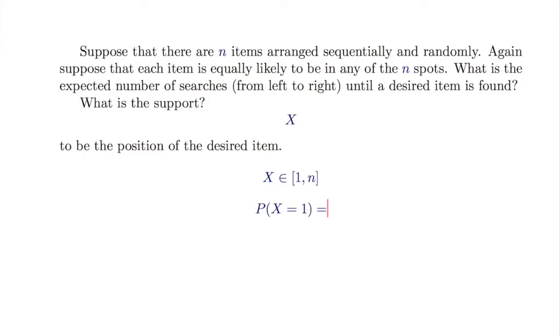That happens with probability 1 over n, right? Because we had to choose the desired item, and there were n items to choose from, so there's one choice you can make.